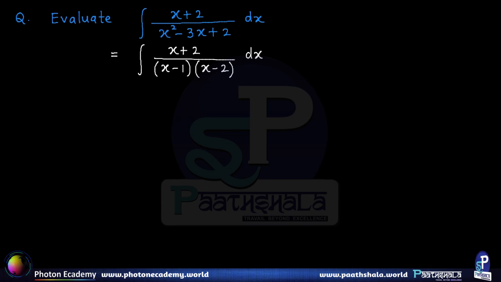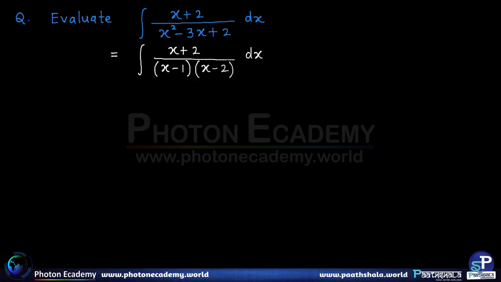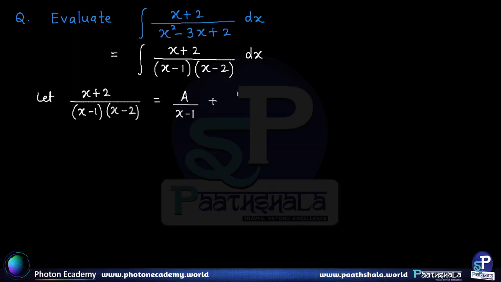Right? So we see that we have two linear and non-repeated factors in the denominator. So we say that let x plus 2 upon x minus 1 into x minus 2 is equal to A upon x minus 1 plus B upon x minus 2.